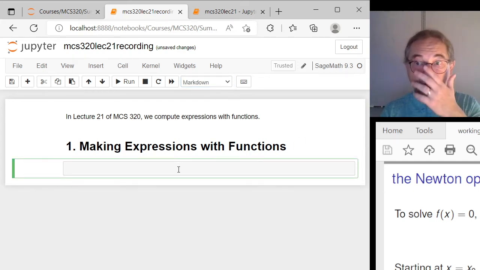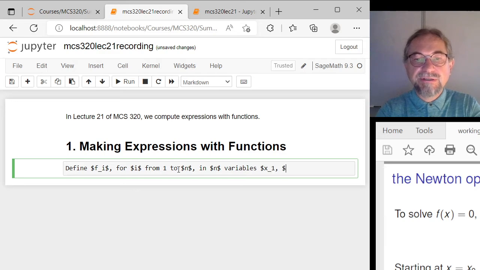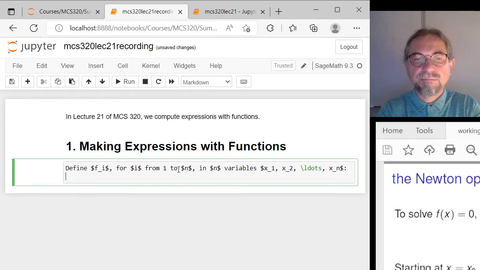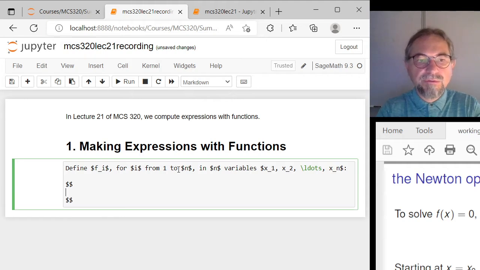So what is our task? Define f of i for i from 1 to n in n variables. We will first actually start by making a list of variables. And what is our expression? Our expression f_i starts with x underscore i, and then we have the big sum.